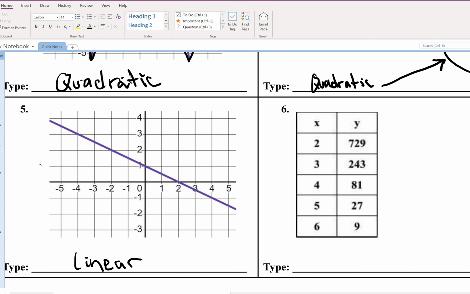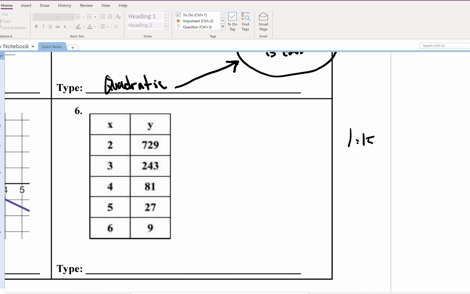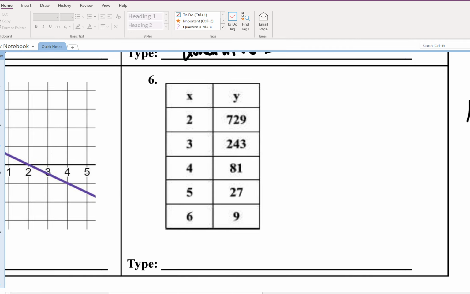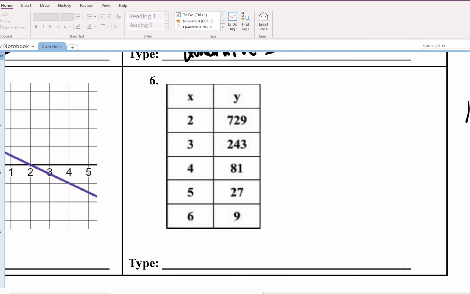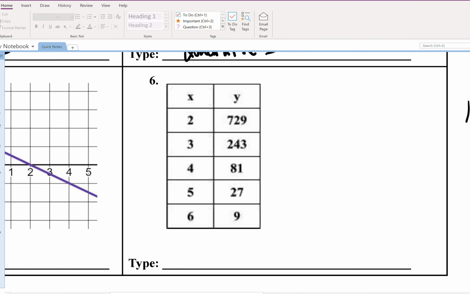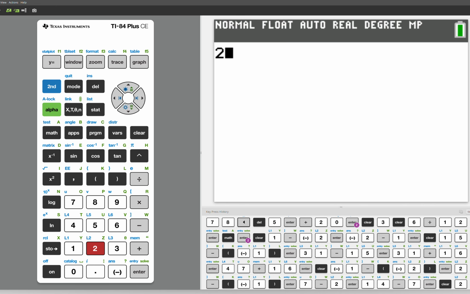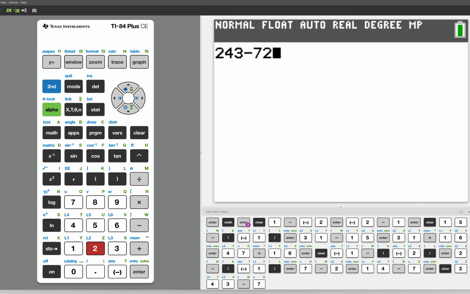So let's look at the graph here. Now, I notice that if I take 243 and subtract 729, I'm just looking real quick at this. 243 minus 729, and that's a difference of negative 486.